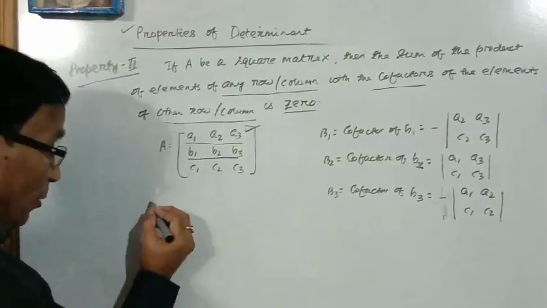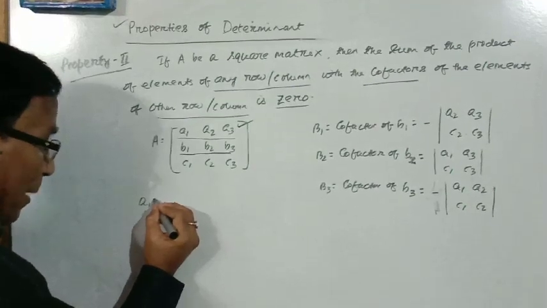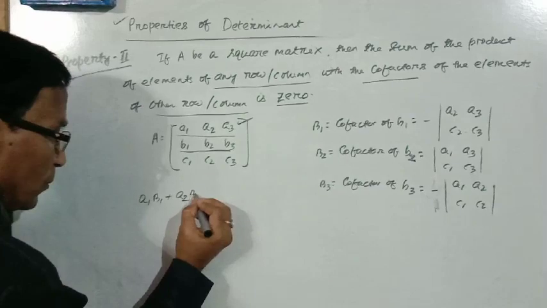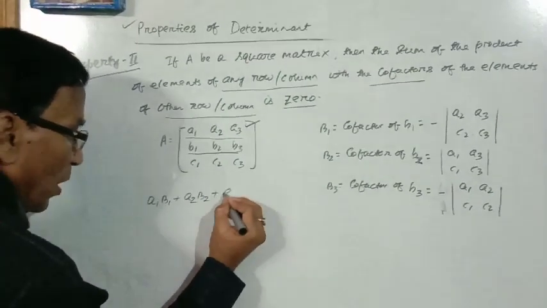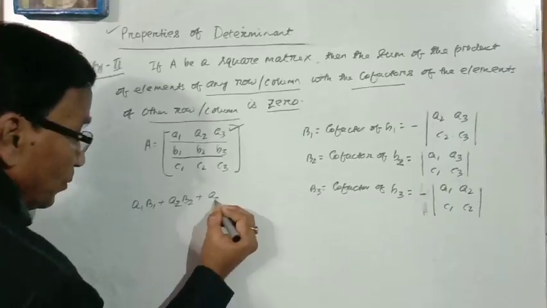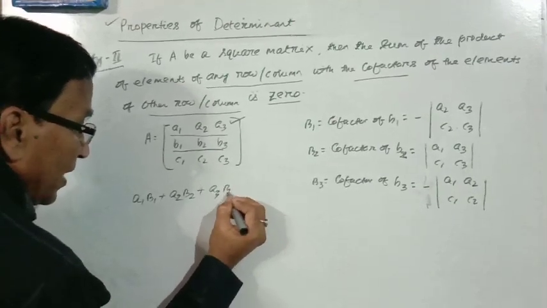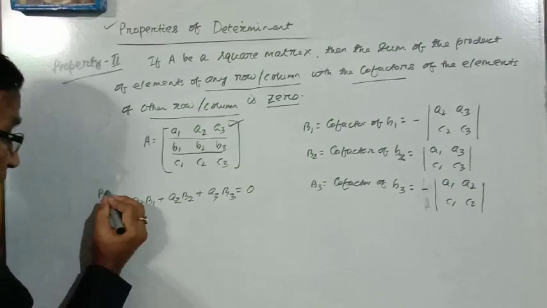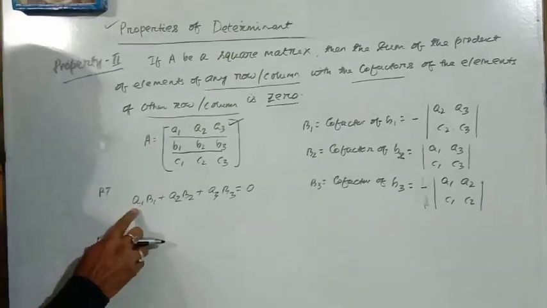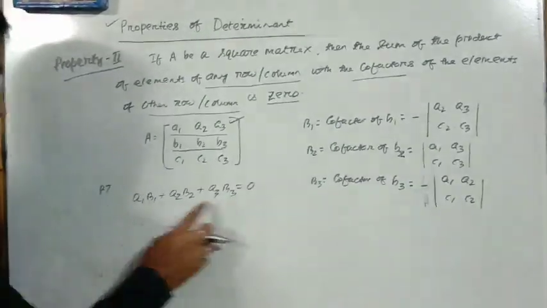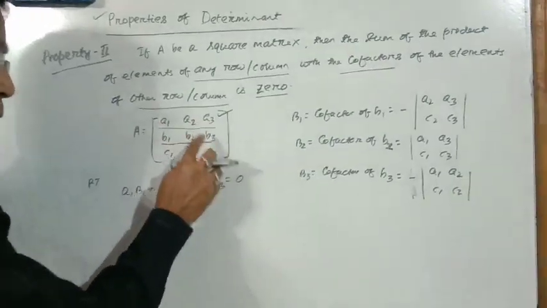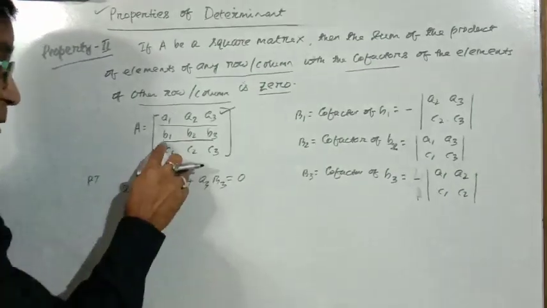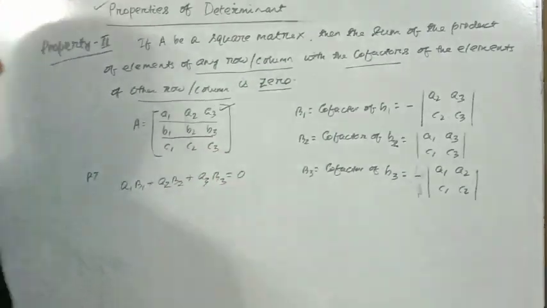That means we will prove that a1 capital B1 plus a2 capital B2 plus a3 capital B3 is equal to 0. We have to prove this.